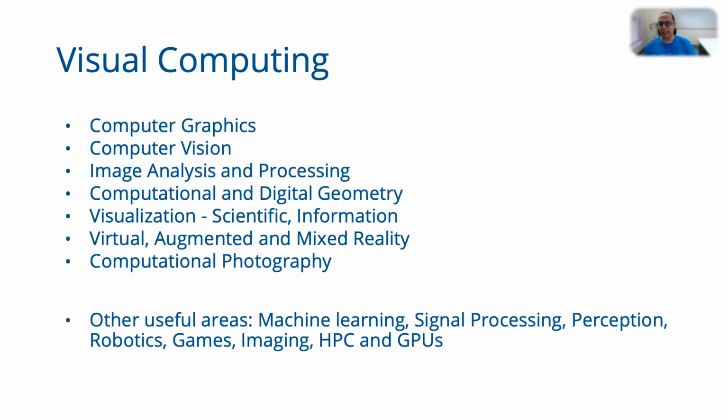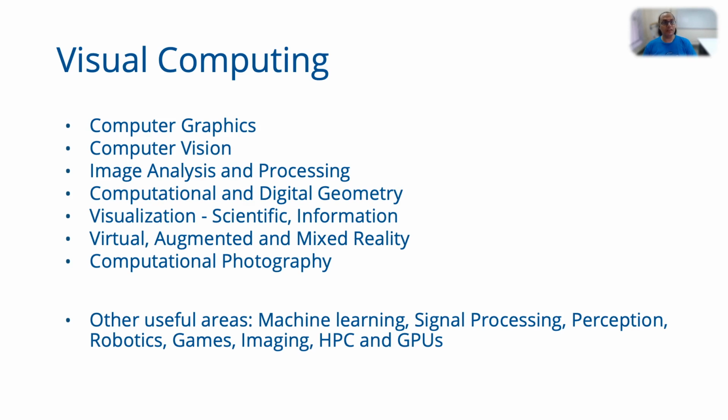Then of course there are areas like perception, to figure out how the images that you are rendering in computer graphics are perceived by the user. There are areas like robotics that borrow from computer graphics and vision, and vice versa. There are computer games and the whole field of real-time visualization and graphics.